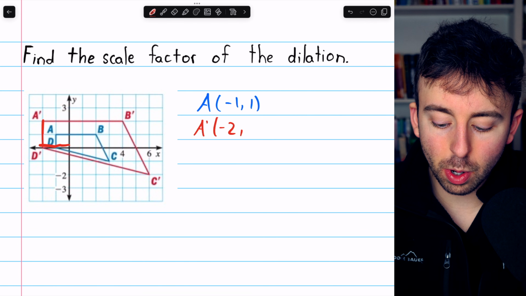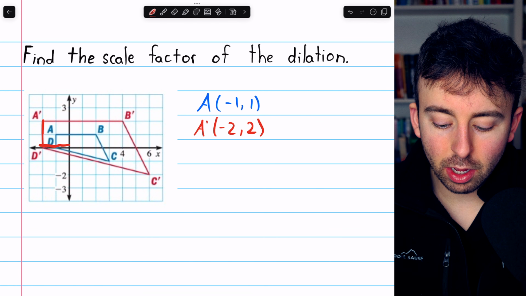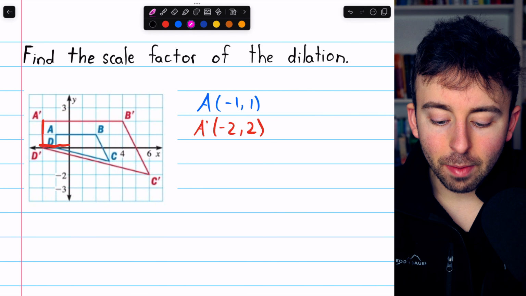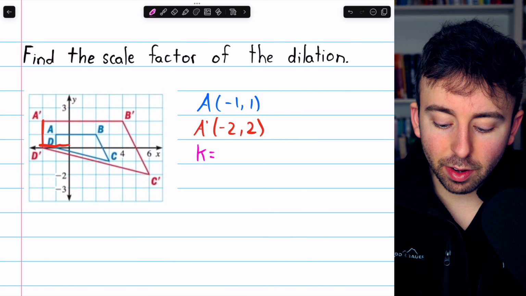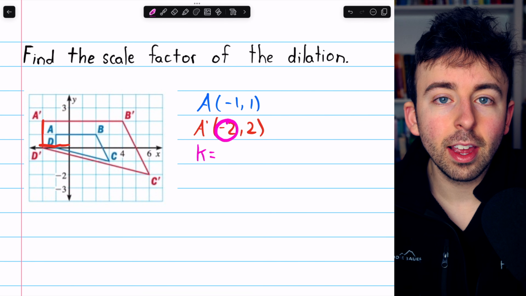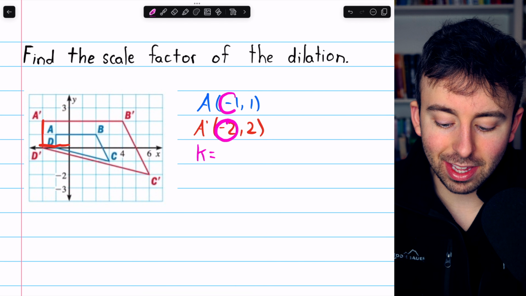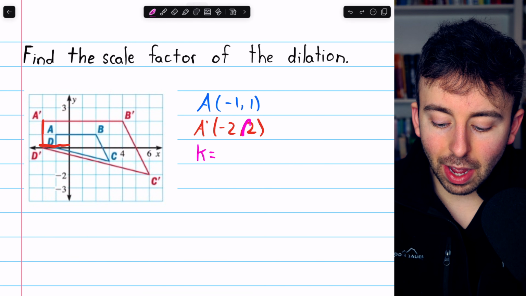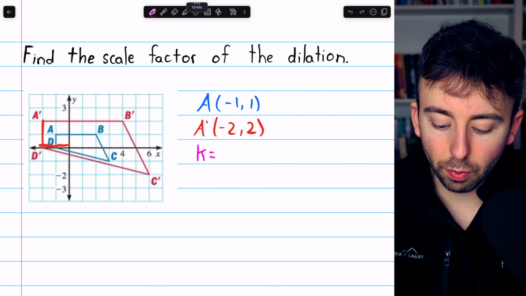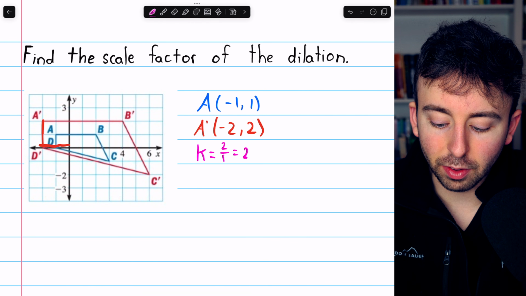So -2, +2. Clearly, we can see the scale factor must have been +2. We can find that by dividing the x-coordinates of the dilated image by the original, -2 over -1 is +2, or by dividing the y-coordinates. 2 over 1 is again +2.